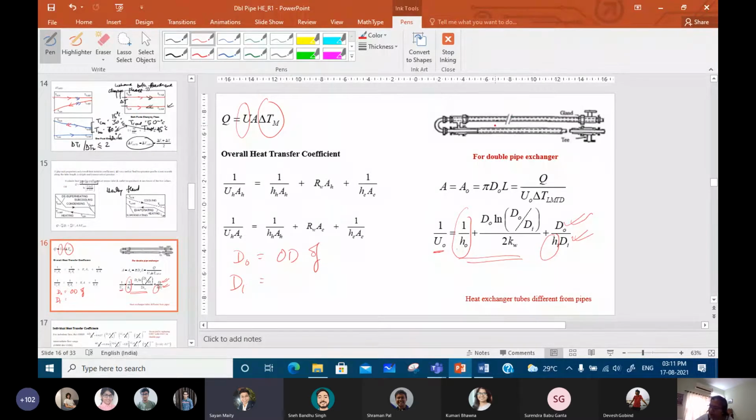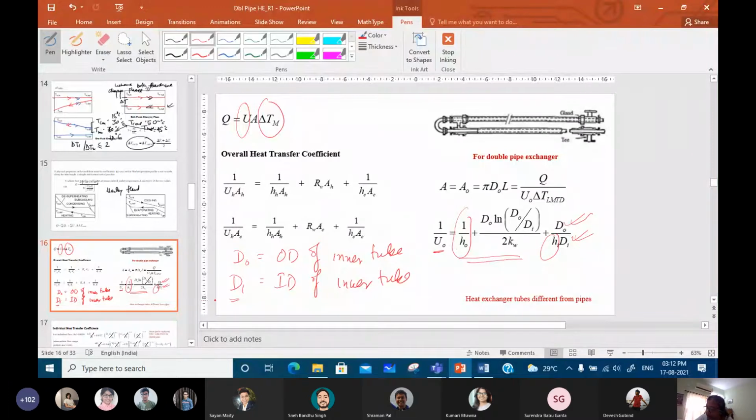See, the outer tube is going to lose heat to the ambient, right? So therefore, when we are considering this, definitely DO is the OD of the inner tube, across which the outer fluid is in contact, and DI is the ID of the inner tube, because the inner fluid is in contact with this DI, right?